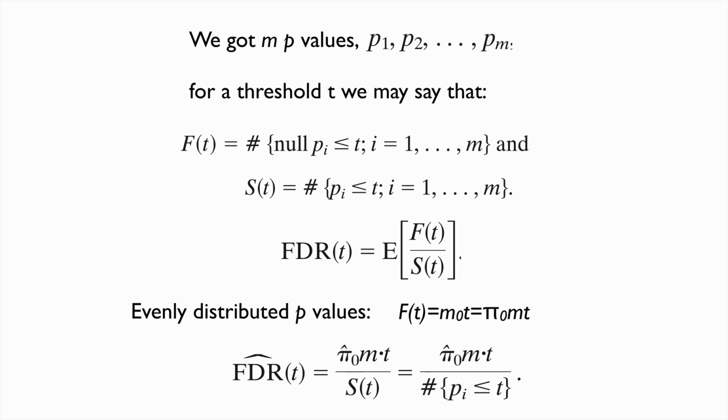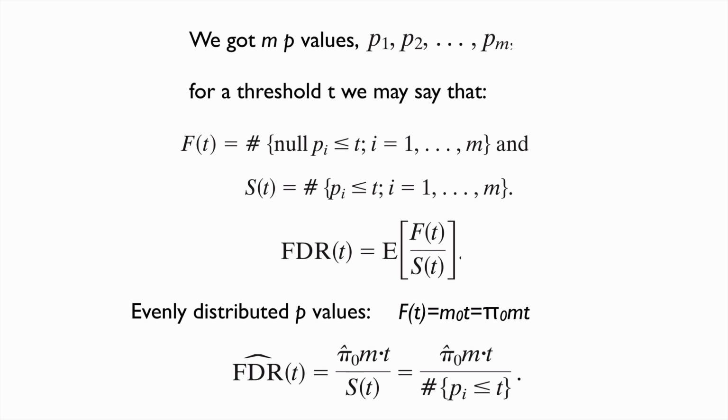So if you know how many p-values belong to the null, m0, then you would be able to put a threshold on this, and m0 times t is the number of p-values that you will see at a certain threshold.